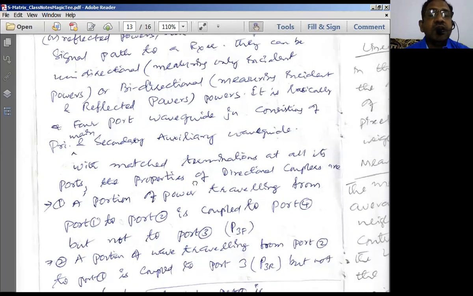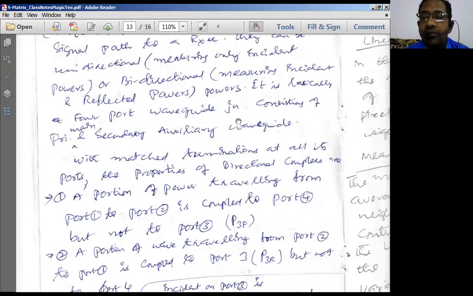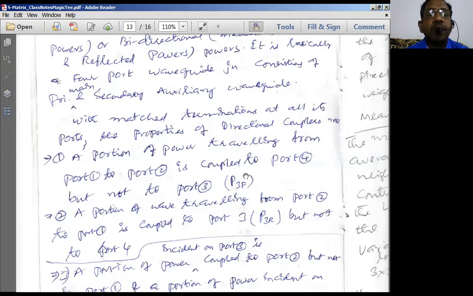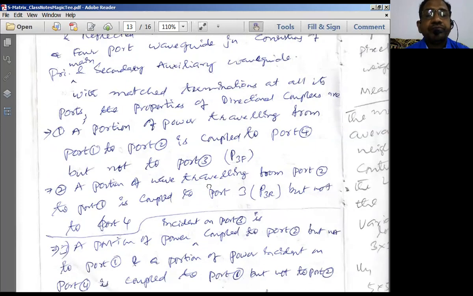It is basically a four-port waveguide junction, with ports named primary, secondary, main, and auxiliary. So there are four ports basically: main port, primary port, secondary port, and auxiliary port.